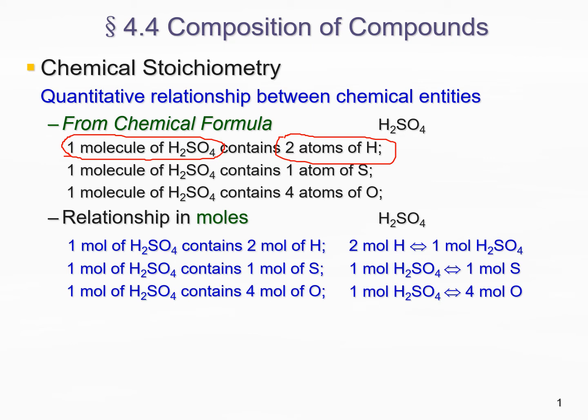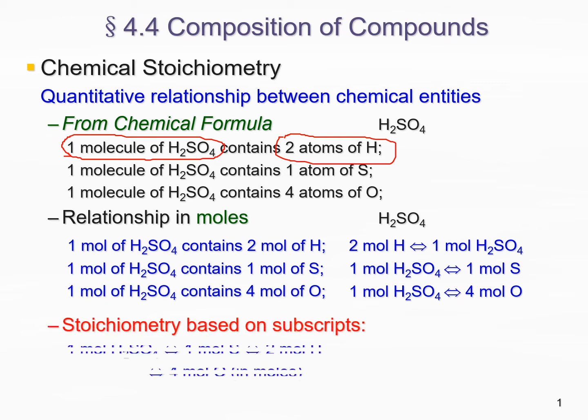As you can see, 1 mole of H2SO4 equals 2 moles of hydrogen atoms. 1 mole of H2SO4 equals 1 mole of sulfur, also equals 4 moles of oxygen. And of course, we can put them all combined so that 1 mole of H2SO4 equals 1 mole of sulfur equals 2 moles of hydrogen equals 4 moles of oxygen.